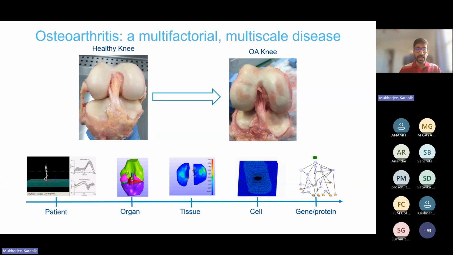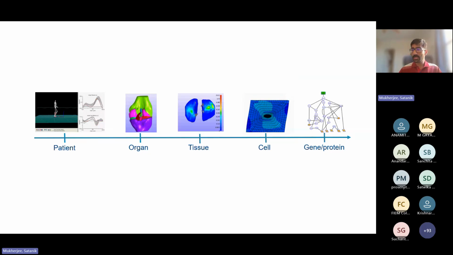osteoarthritis. And this is what is going to form the basis for the next section of what I'm going to discuss with you. I'll go scale by scale, going from patient to organ and tissue, and then subsequently cell and intracellular.